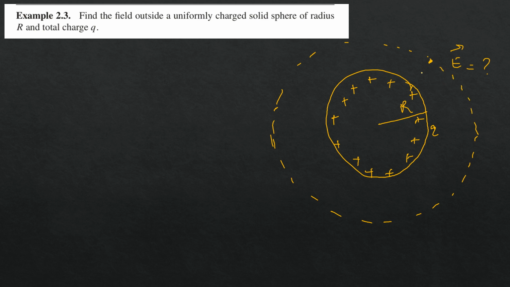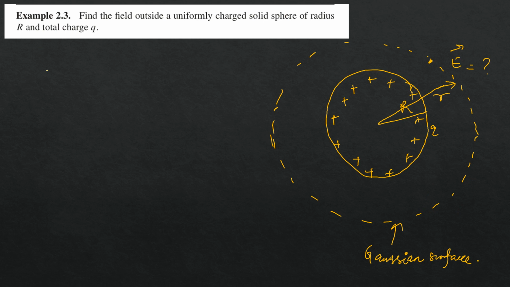Draw a Gaussian surface around it. The radius of that Gaussian surface will be small r. So this is your Gaussian surface, and the radius is small r. We have to find the electric field at this small radius r.